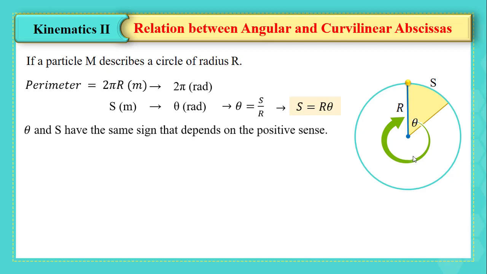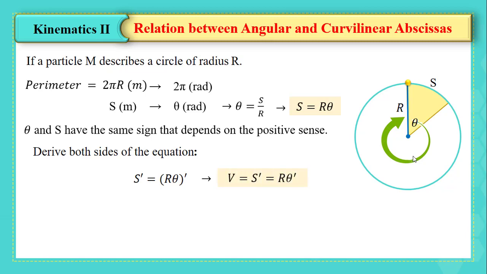Pay attention that theta and S have the same sign that depends on the positive sense. Now to find the relation between the angular velocity and the linear velocity, we have to derive both sides of this equation. S prime is equal to the derivative of r theta, and knowing that r is constant, this derivative will give v is equal to r theta prime.